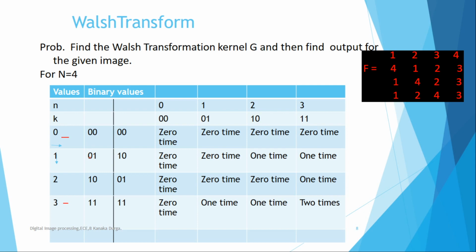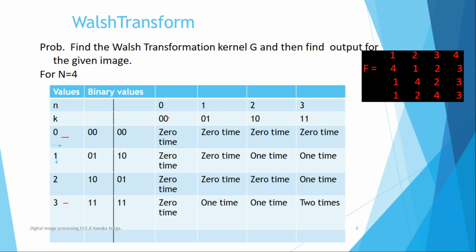The second step of the shortcut method is to represent the k value in reverse order, so the positions of the bits are reversed. Reversing 00 gives 00, reversing 01 gives 10, reversing 10 gives 01, and for 11 we get 11.